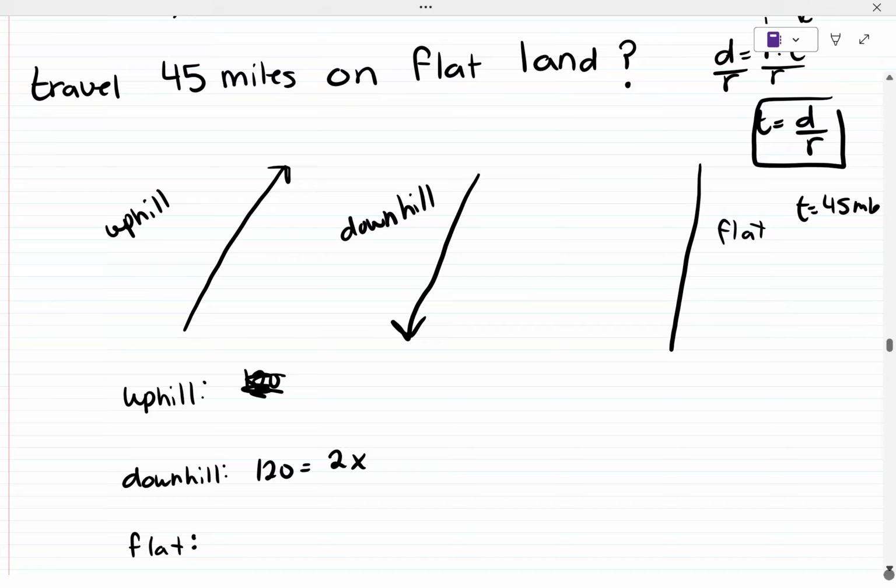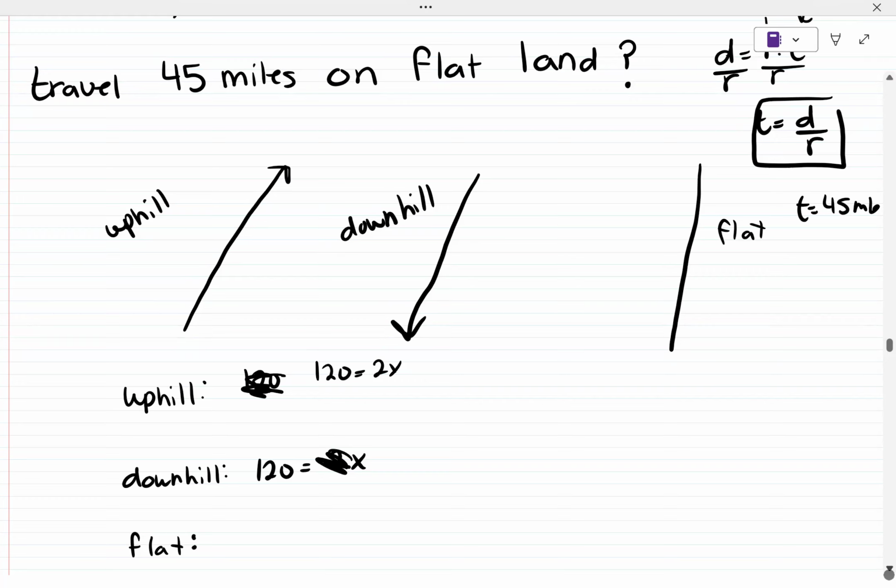Wait, did I do this right? No, downhill it's 120, sorry. And then uphill, it's going to be 120 equals 2x, because it says a train goes twice as fast downhill as it can go uphill.